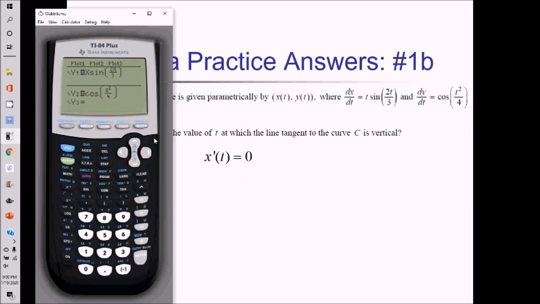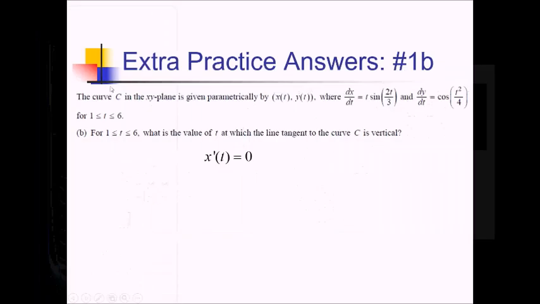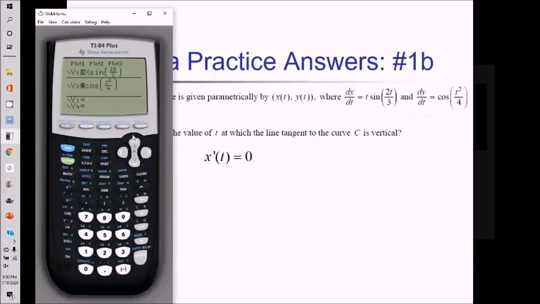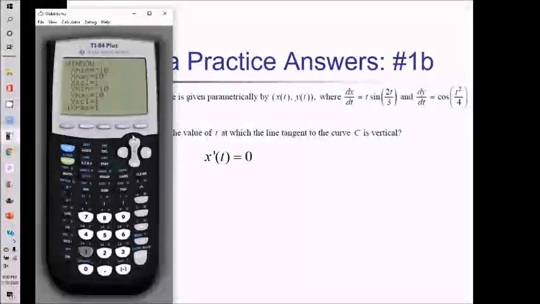On my calculator, in y equals, I'm going to deselect y2 because I don't want to graph y prime. We had the interval from 1 to 6, so let me do window for this thing. And 1 to 6 it is. Let me zoom 0 this. So here is our x prime, and we see that it does in fact equal 0 in one spot right here.